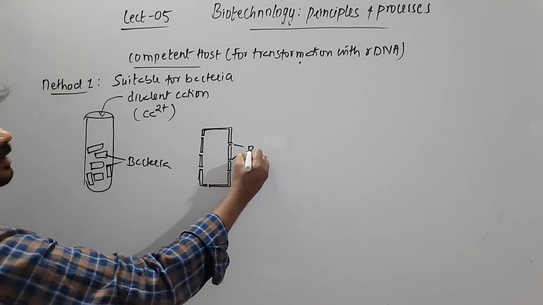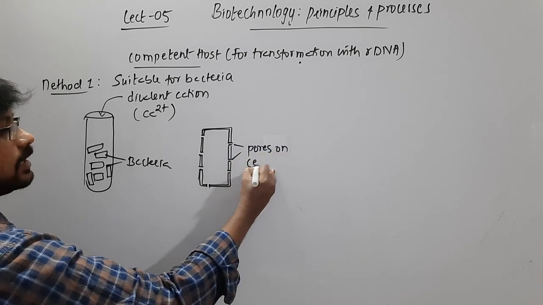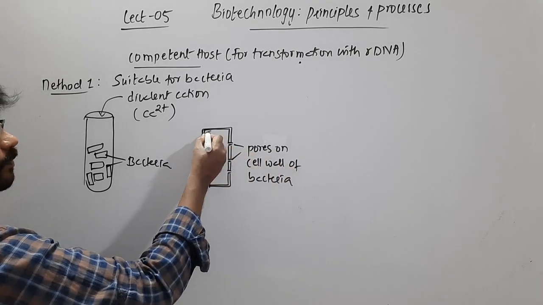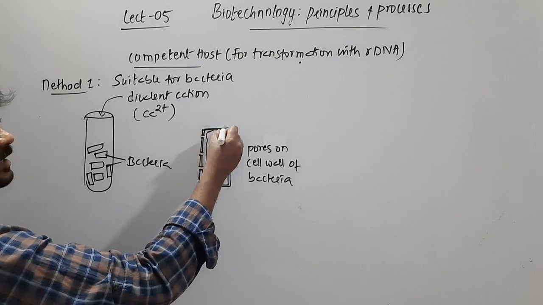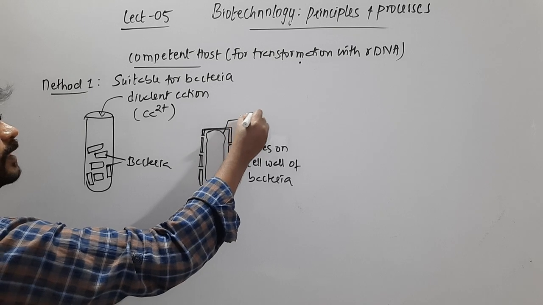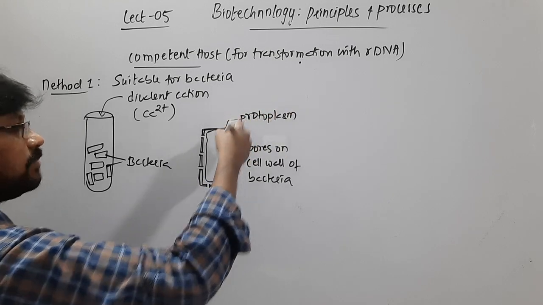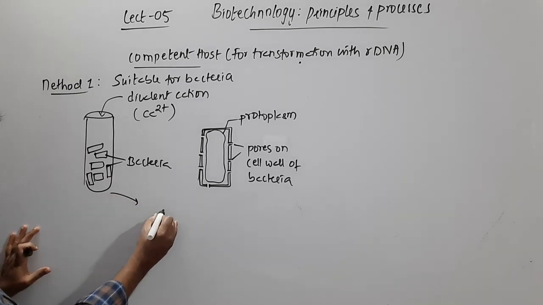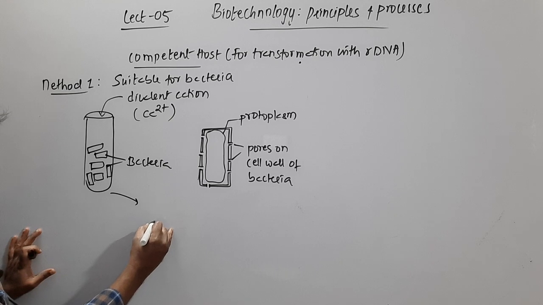So these are pores on the cell wall of bacteria. Inside this you will find the protoplasm, of course, with the cell membrane and all, right? So first we need to treat the bacterial cells with the divalent cation. Once this is finished, I will be incubating these cells on ice. So later I'll put this bacteria on ice.